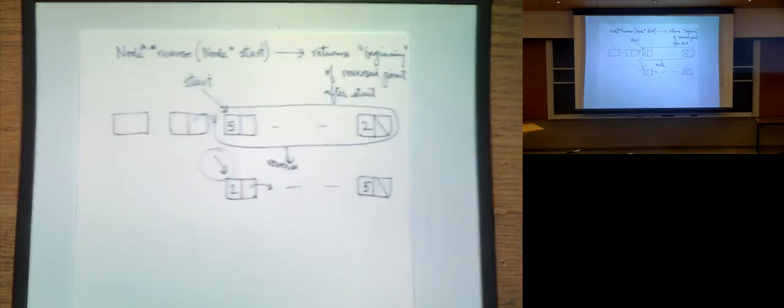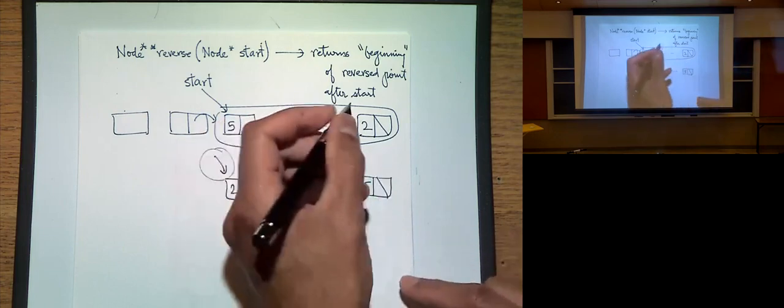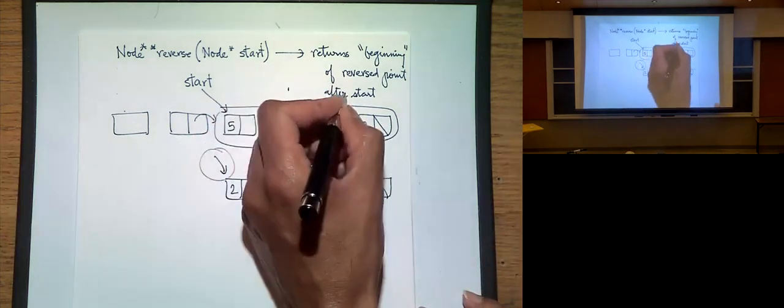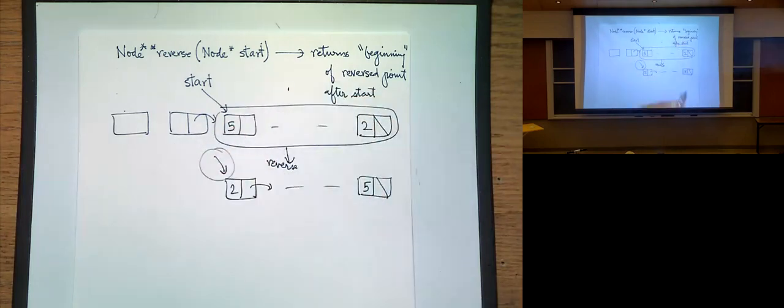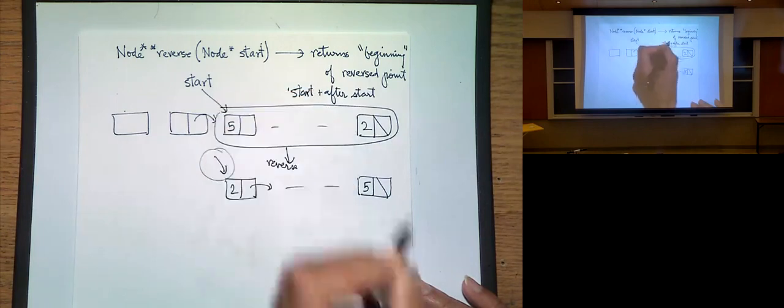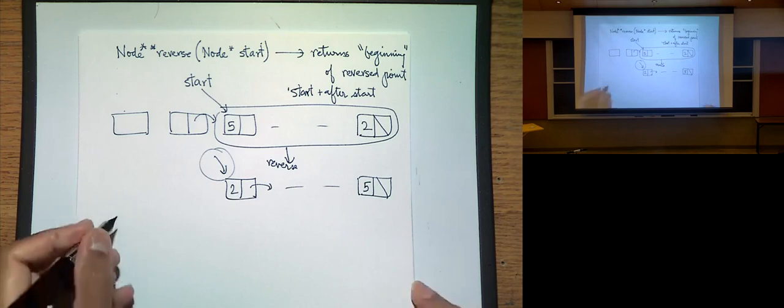That's what I want this function to do. Yeah? Wouldn't that be including start rather than after? Yeah, after is including, you know what I mean. Start plus after start. It's unfortunate that there's no word for that, this and everything else.